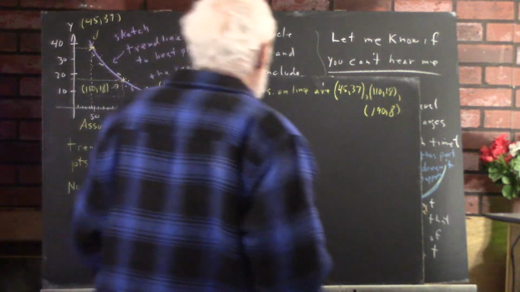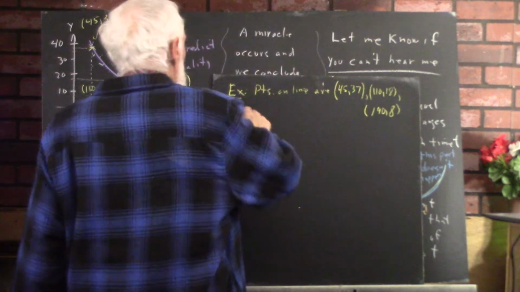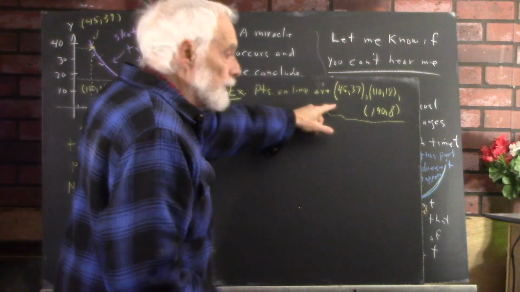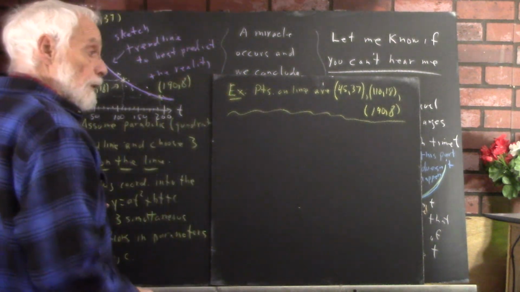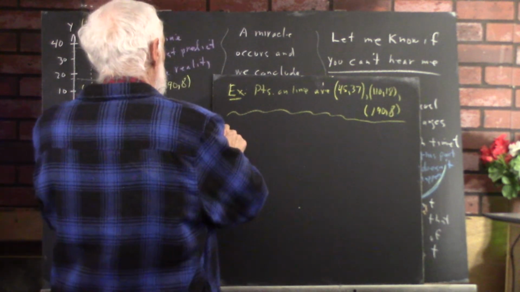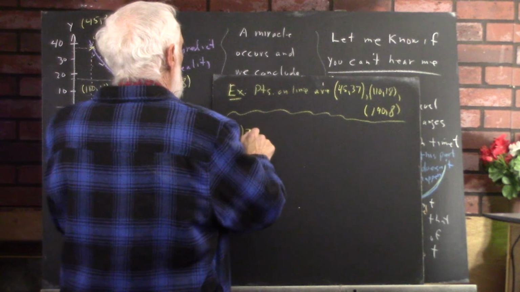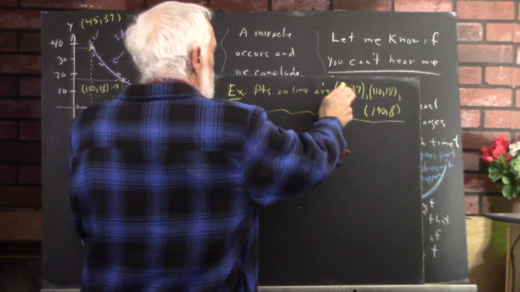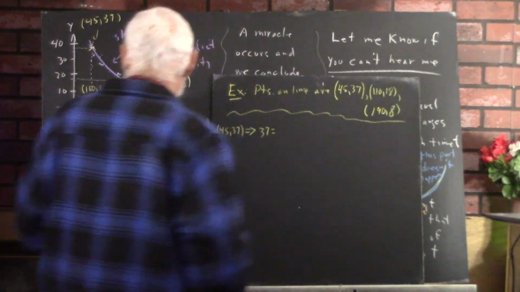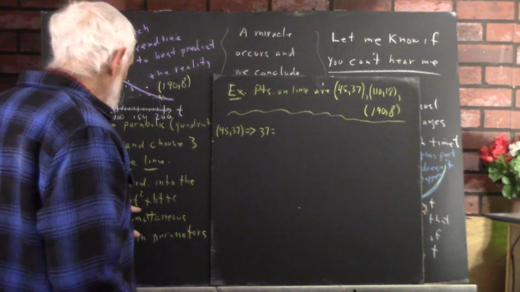Checking the camera. Okay, well now what we want to do is plug these into this form. So we get 45, 37, y is 37, x is 45. 37 should be then a t squared. Well, 45 is t.